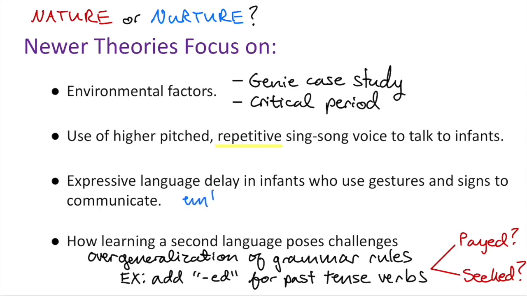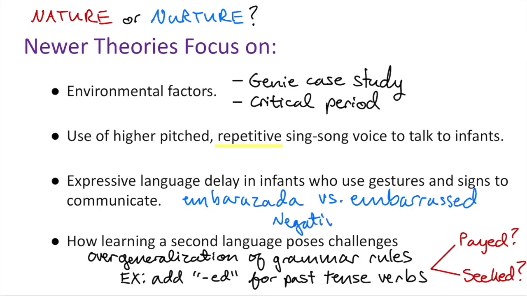Also, learning a second language can be very difficult when it comes to negative transfer versus positive transfer. Those were 2 of your vocabulary terms. Negative transfer is when you're trying to learn something and previous knowledge interferes with that. For instance, if I'm learning Spanish and I see this word, this is a false cognate.